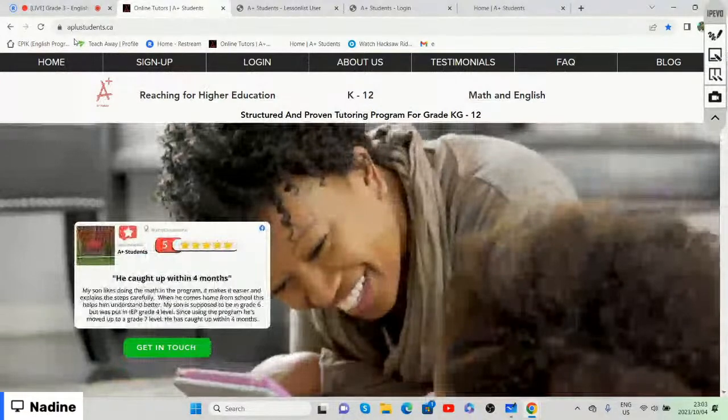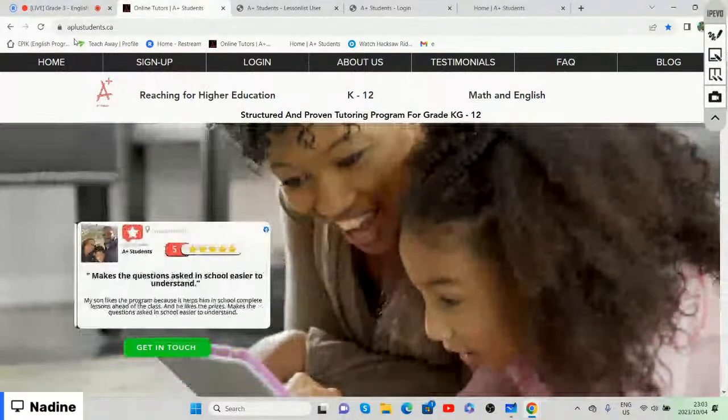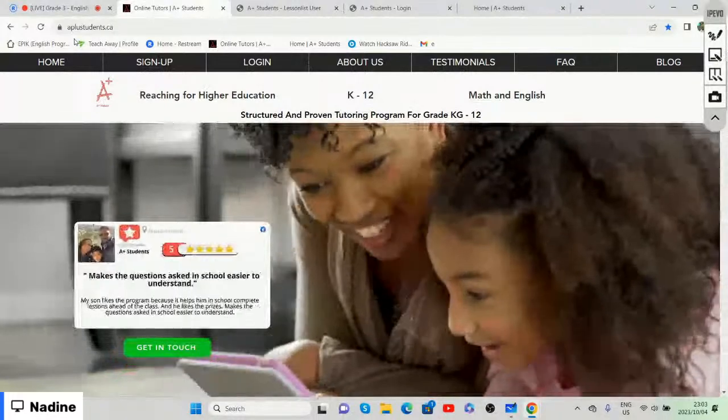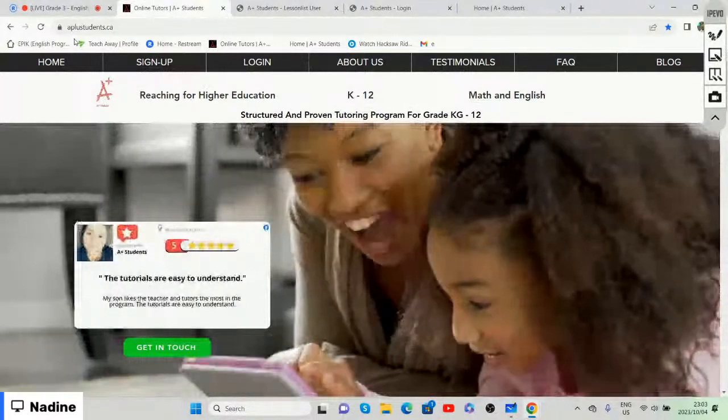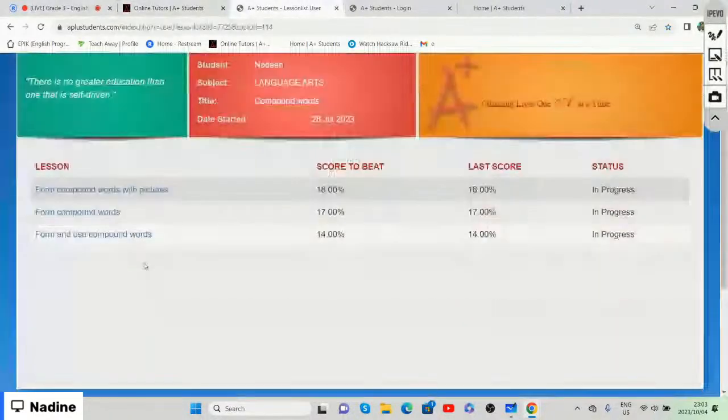Then you're going to scroll down until you get to the chapter of compound words.